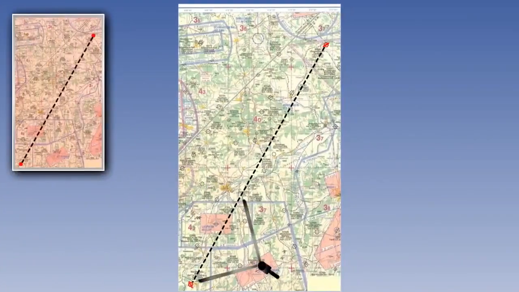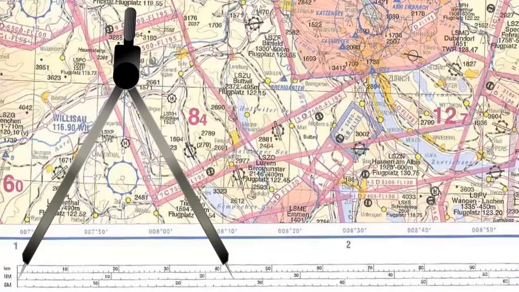Take the dividers, being careful not to change the distance, and start measuring along the track line you have drawn by marking 30 nautical mile arcs. On the last part of the track, adjust the dividers to measure the remaining distance. Then, take that measurement to the scale at the bottom of the chart.